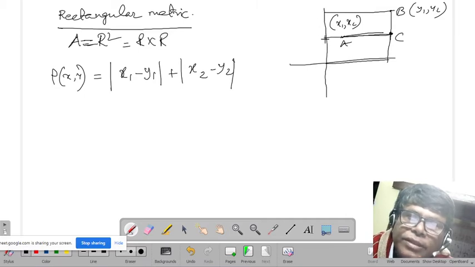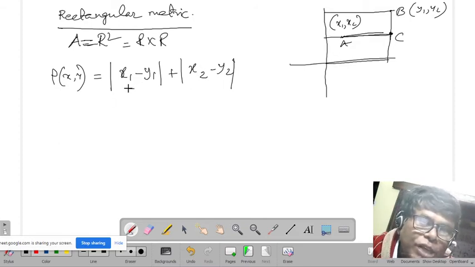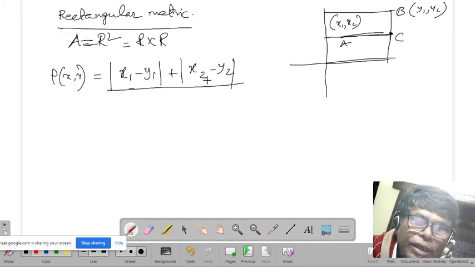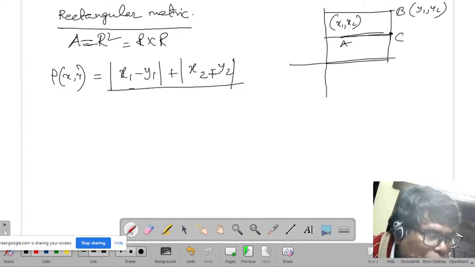So this difference plus this difference. Metric is constructed in this way: difference along the x-axis plus difference along the y-axis. This is called the rectangular metric on R2.